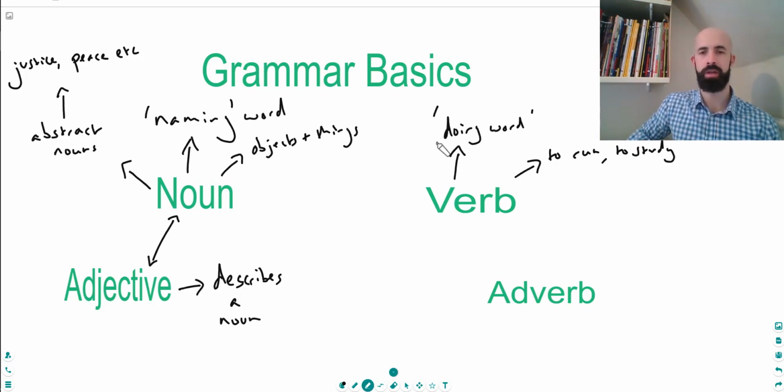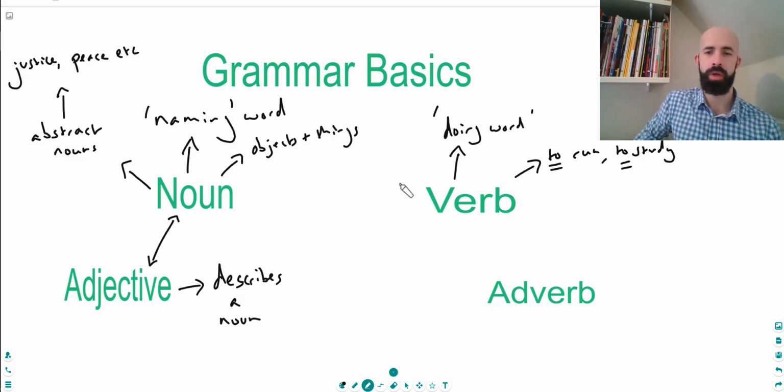And a good test for whether a word is a verb or not is, could you put the word to before it? And would that make any sense? So for example, with a noun like computer, you couldn't really say to computer. It wouldn't really work. But with a verb like type or typing, you could say to type. So that's quite a good test of where your verb is in the sentence if you're trying to identify the verb.